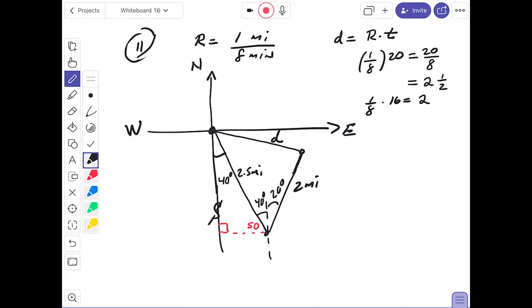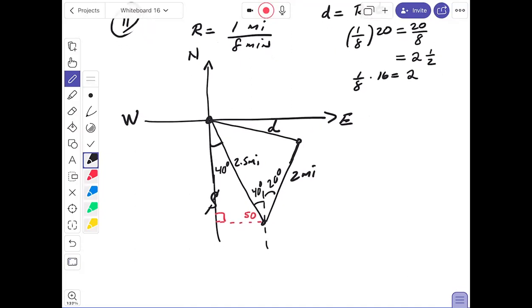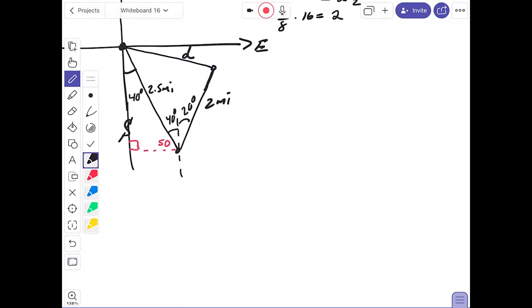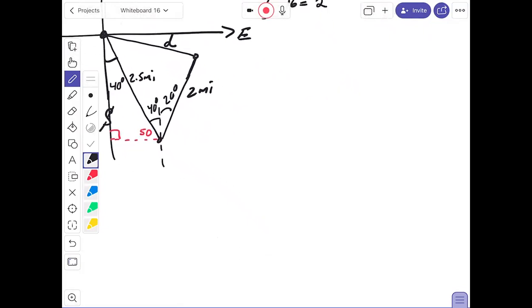I'm going to use the law of cosines to do it. I'm seeing d squared now. Yeah, different letters. d squared is equal to 2.5 squared plus 2 squared minus 2 times 2.5 times 2 times the cosine of, what's 40 and 20? 60, right?